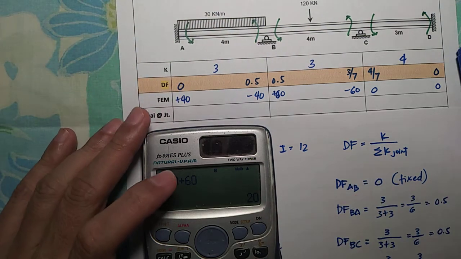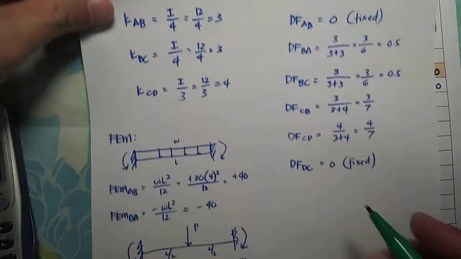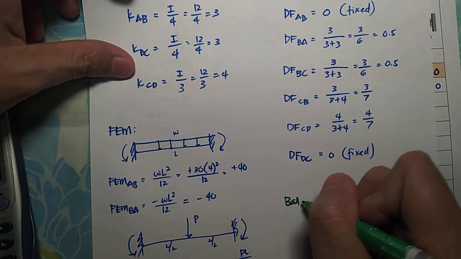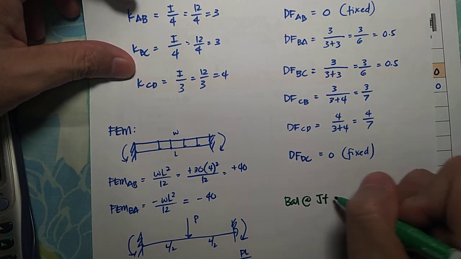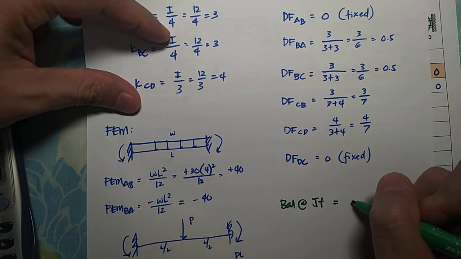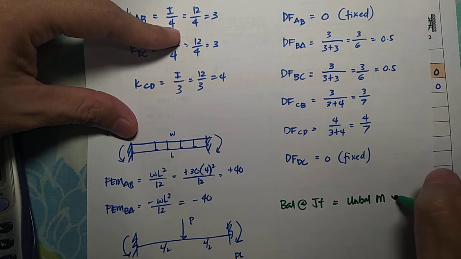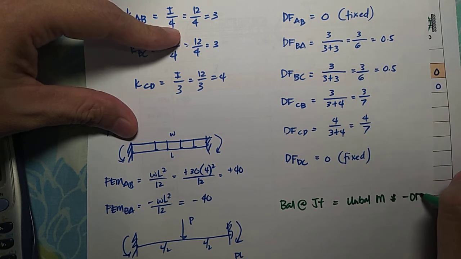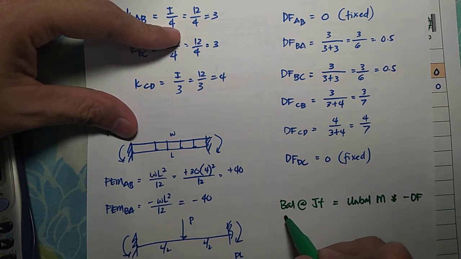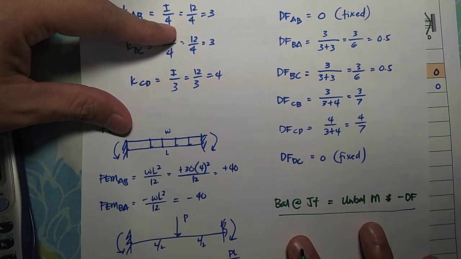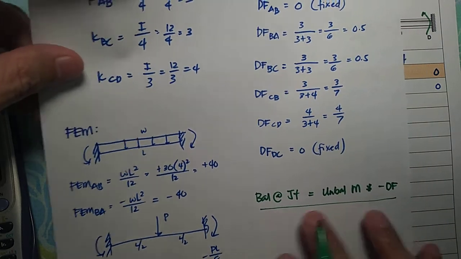Again, how do you solve for the balance at joint? So that would be the unbalanced moment times the negative of the DF. Okay, so that is the equation we will use for the balance at the joint.